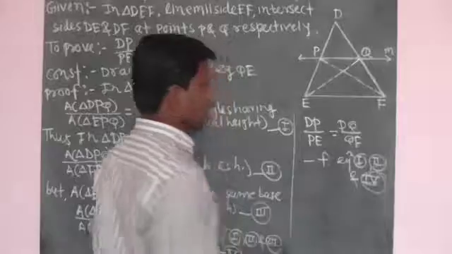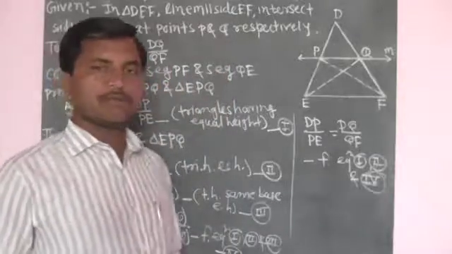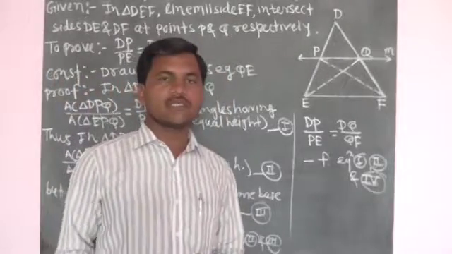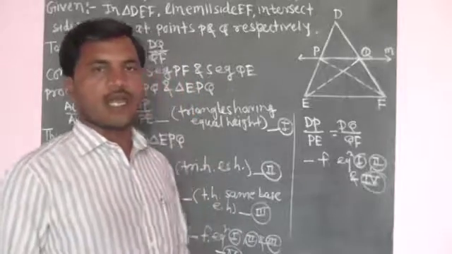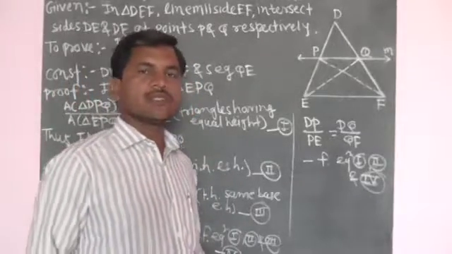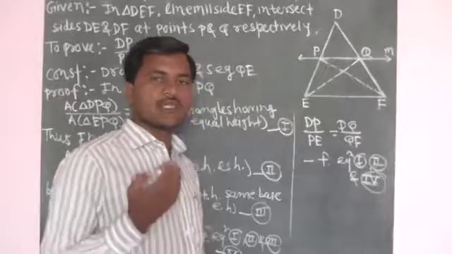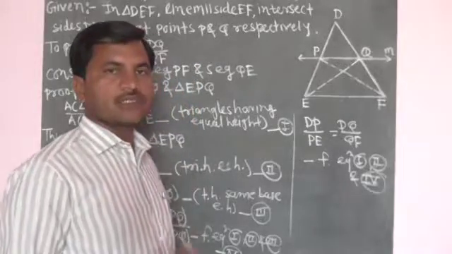And now we have proved the theorem of BPT: if a line is parallel to one side of a triangle and intersects the other two sides in two distinct points, then that line divides those sides in proportion.